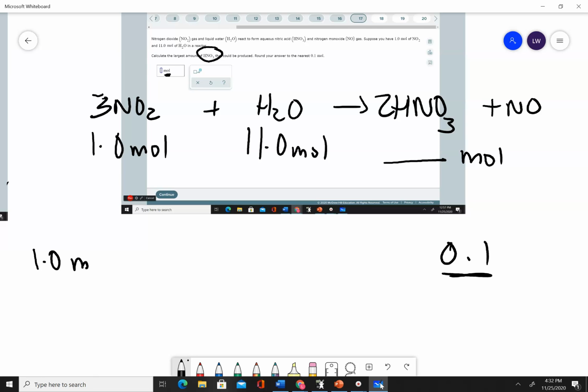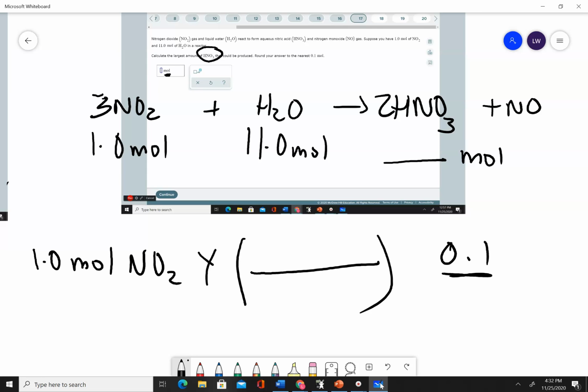So I'm going to go 1 mole of NO2, and I want to turn that into moles of HNO3, so I have to use the mole ratio, right? Whenever I'm going from moles of one thing to moles of another, I use the mole ratio. So I know that I get 2 moles of HNO3 for every 3 moles of NO2.